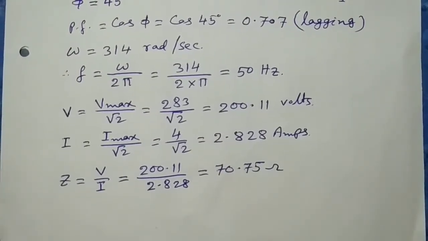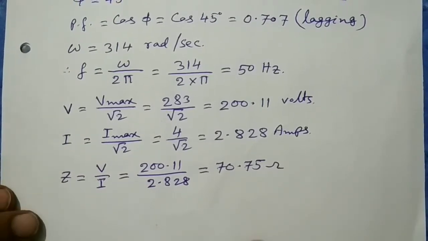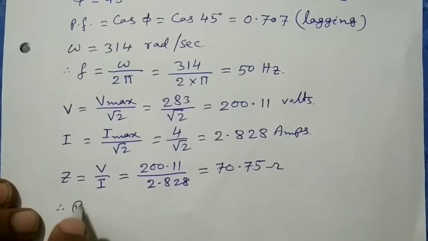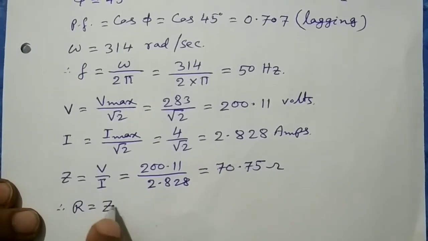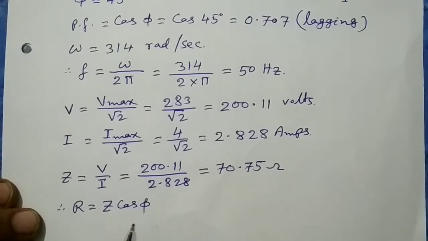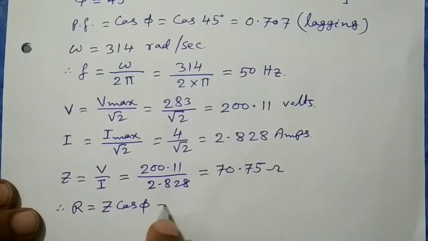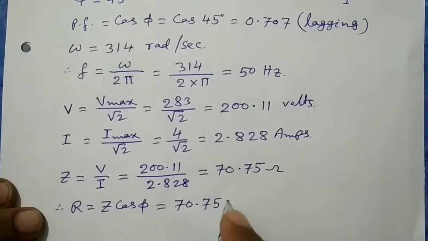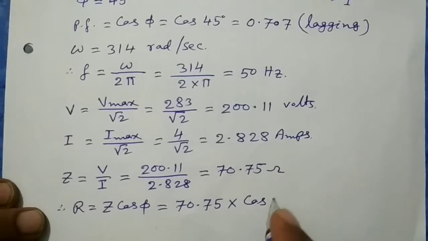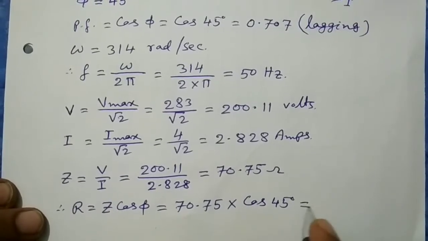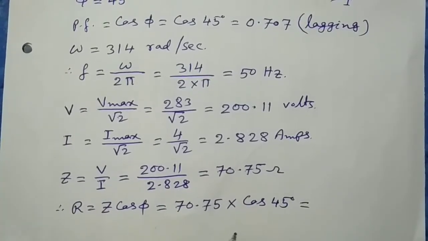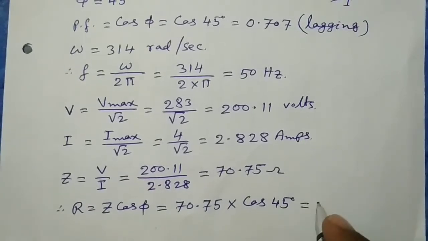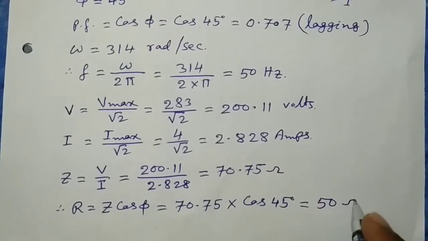From the impedance triangle, we have seen that cos phi equal to R upon Z. Therefore, R equal to Z cos phi. So here the value of Z is 70.75 cos 45 degree. If we calculate the value, the resistance will be 50 ohms.